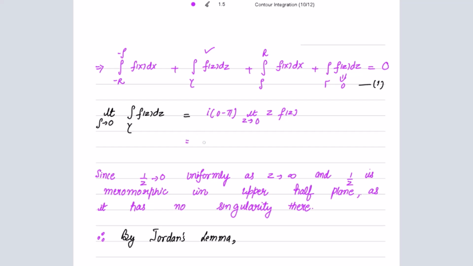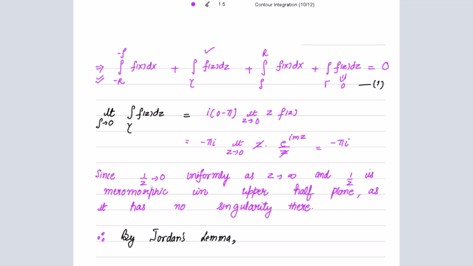This is equal to negative pi iota times the limit as z tends to 0 of z times e to the power iota mz over z. Cancelling z and putting in the value, you get minus pi iota, since e to the power 0 is 1. Marking this as equation 1, this is your main equation.